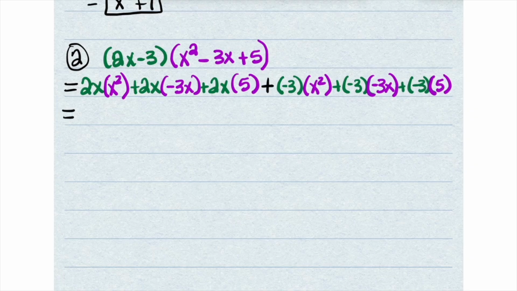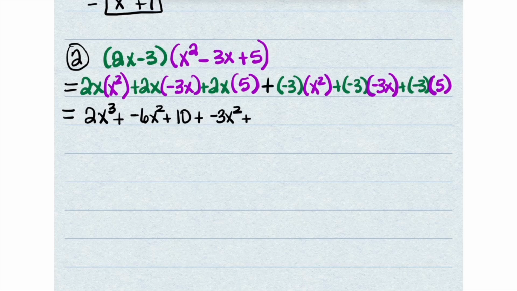So now let's just start multiplying. So 2x times x squared, that is going to be 2x cubed. Because remember, you just add the exponents, right? And then plus 2x times a minus 3x, that's going to be a minus 6x squared. 2x times 5, that's 10. Negative 3 times x squared.